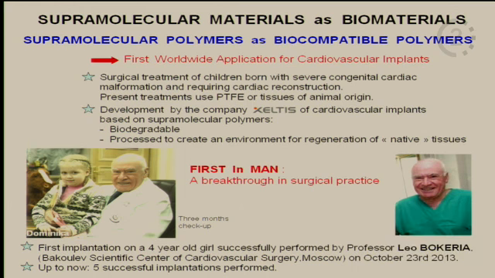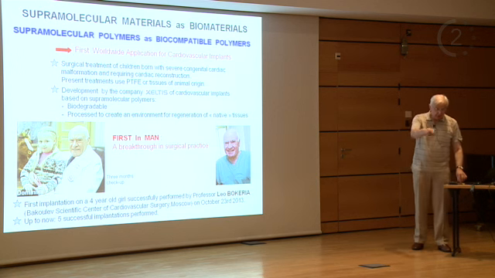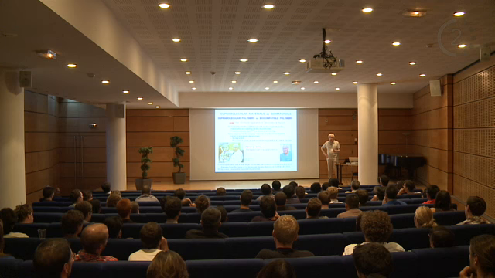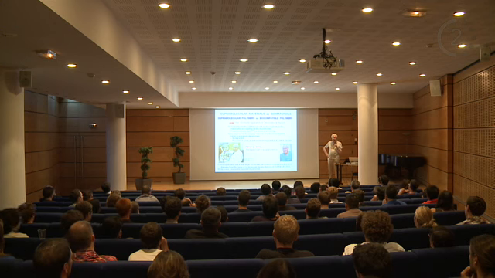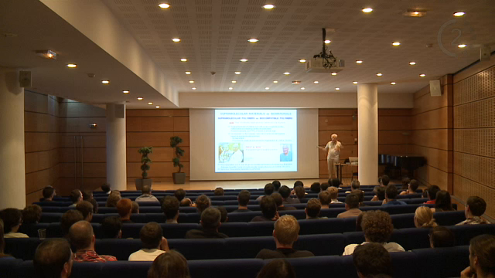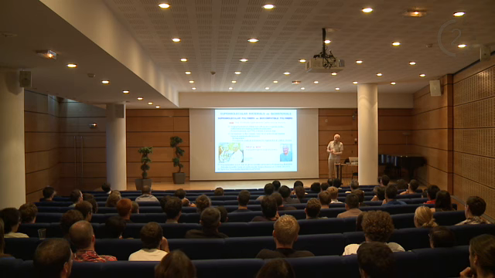And it works. Now, one can also reflect here, and when there are politicians in the room, I like to say that. What is the way to get from the idea of supramolecular polymers to cardiac implants in children? No way to predict. First, you have to have the idea, you have to make the polymers, and so on and so on. Then somebody has to notice, and then many people have to develop it.